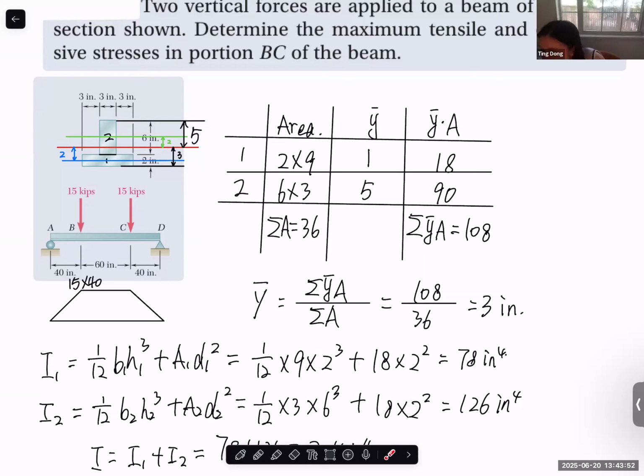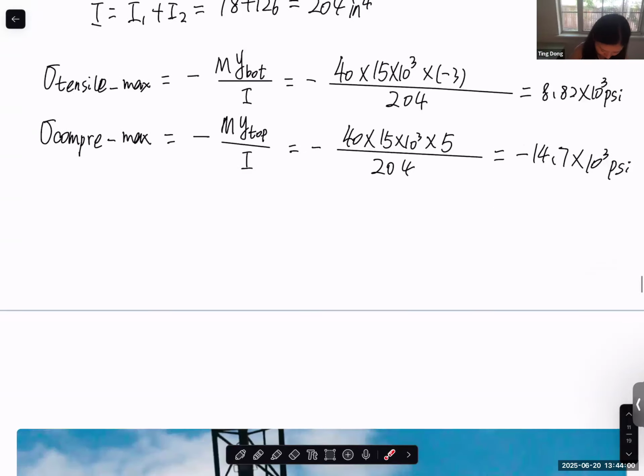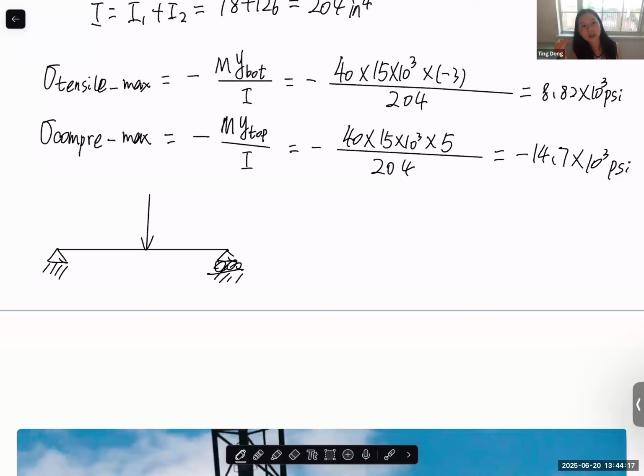What if there was only one force in the middle? That's a great question. What if it's something like this? Again, if the cross-section is everything the same, the only thing changed is the maximum bending moment.